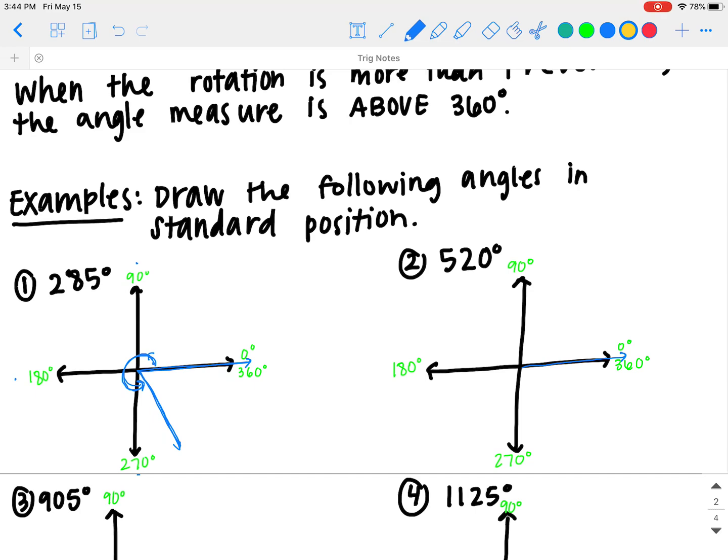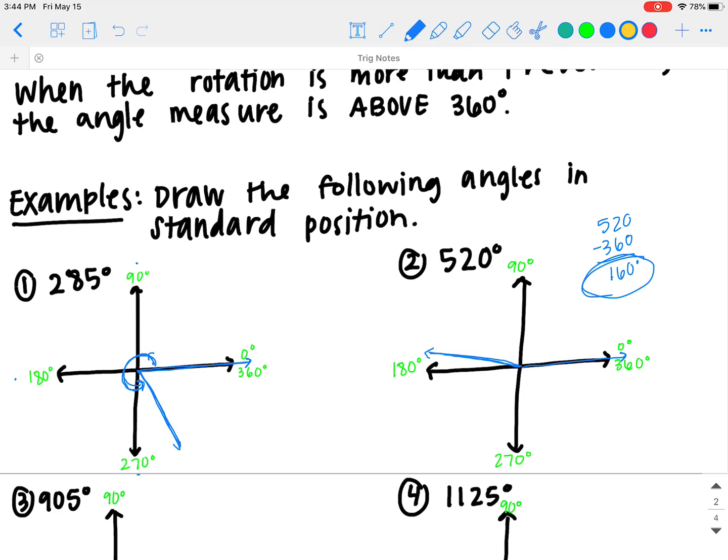So in order to see where it should stop, you just need to subtract 360 from whatever angle you start at. So 520 minus 360 is 160. That's a more recognizable angle for us. That's definitely in between 0 and 360. That's where we should stop our angle, so that's where our terminal side should be. So just a little bit before 180.